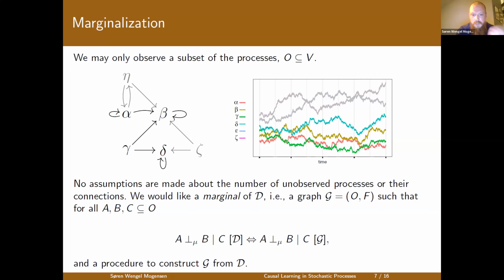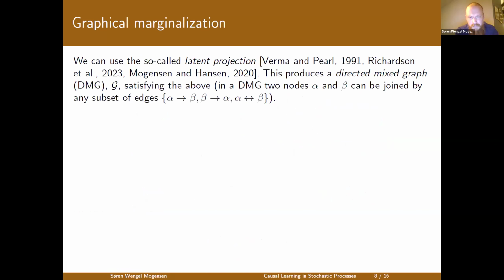In this mu separation setting. And I also want to be able to construct this G from D. And this is a typical thing also in DAG-based causal learning. And one can use a so-called latent projection.